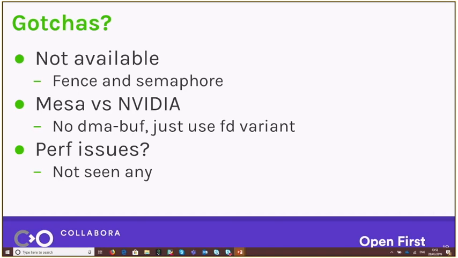I have looked into the Mesa drivers, Intel and AMD, and they do things a little bit differently depending on whether a buffer or image has been shared or not. So there might be performance issues, especially with sub-render paths and early flushing, but I haven't seen an issue yet. So hopefully it should work as well.